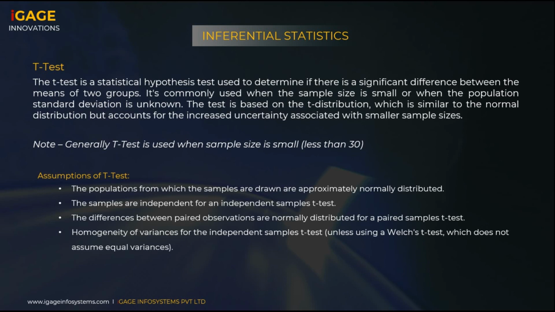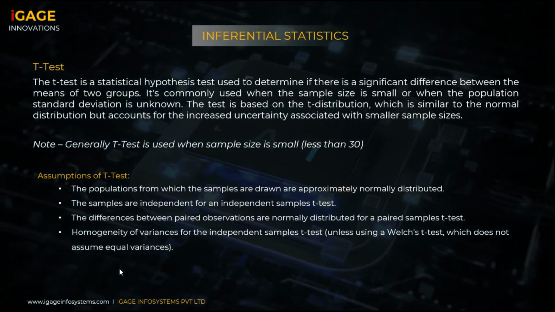It should not be skewed. And the samples are independent for an independent sample t-test. For a paired t-test, the differences between the paired observations are normally distributed.